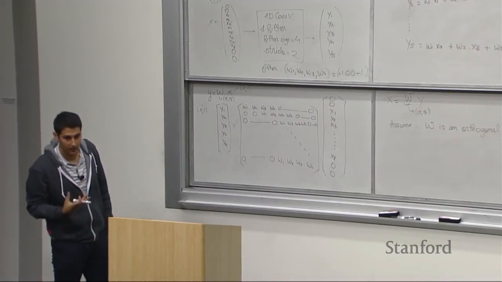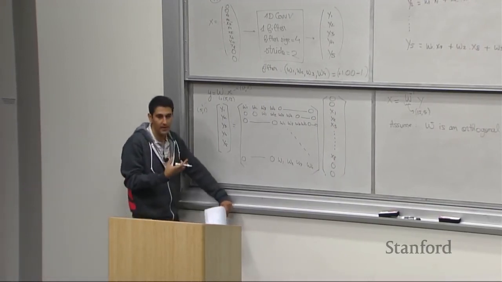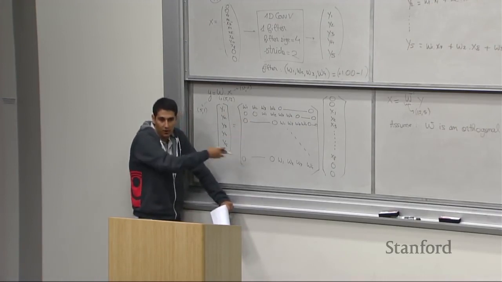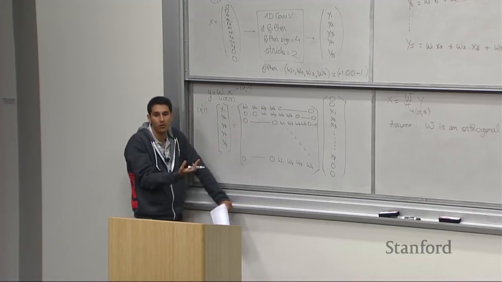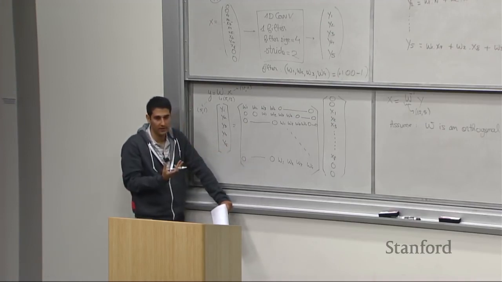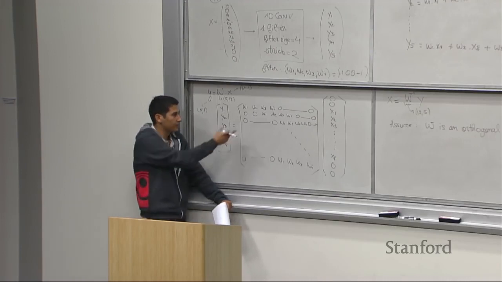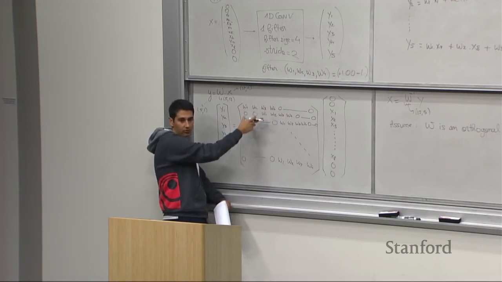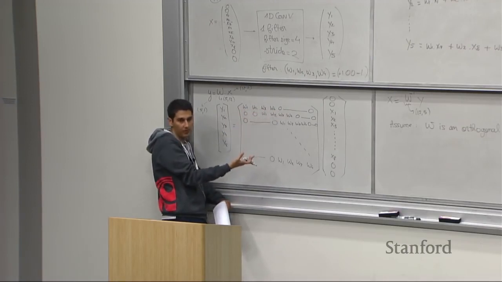Why? A matrix that is orthogonal means that if I take two of the columns here and dot product them together, it should give me 0. Same with the rows, you can see it. So what's interesting is that if the stride was 4, there would be no overlap between these two rows. It would give me an orthogonal matrix.